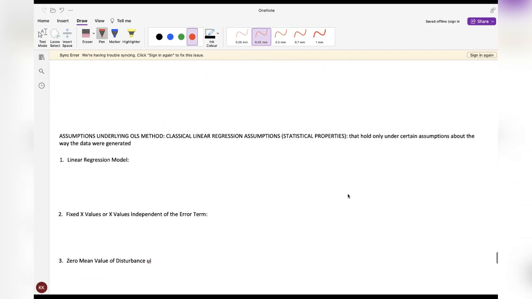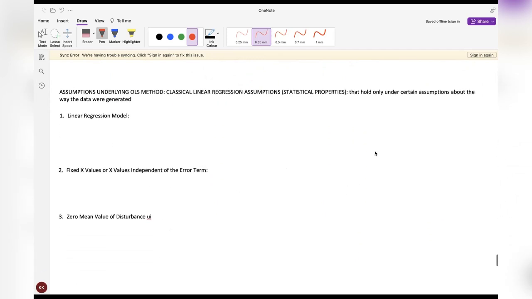Last thing under this model are some of the assumptions underlying the OLS method, which are the classical linear regression assumptions, also known as the statistical properties of OLS estimators. These assumptions, these properties, are actually dependent on how the data was generated.